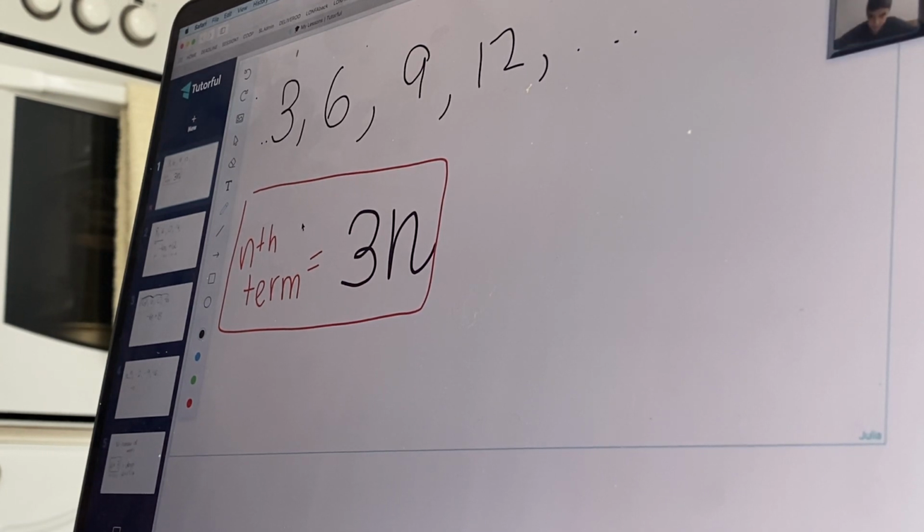So the first term, what's the first term of our sequence? 3. Yeah. So what happens if you substitute 1 into 3n? I'm just labeling the terms. So if I substitute 1 into 3n, n equals 1 is the first term.